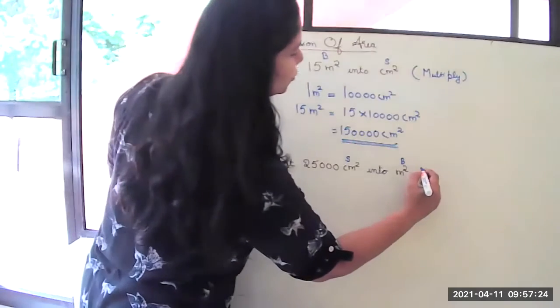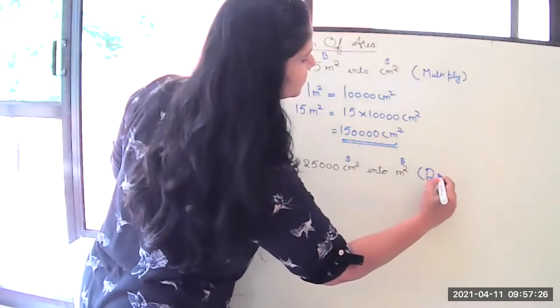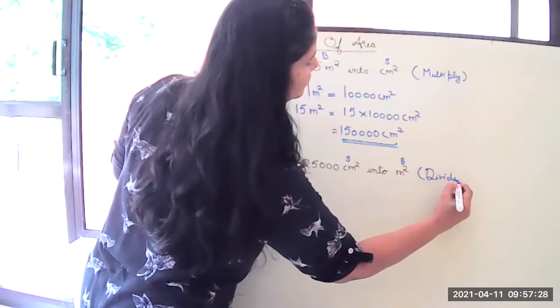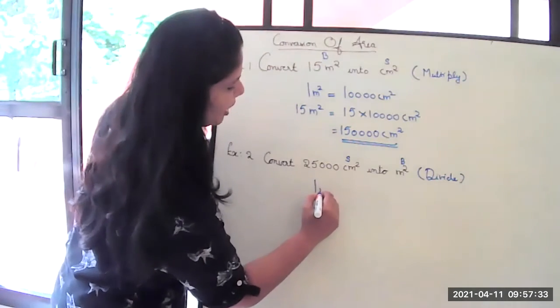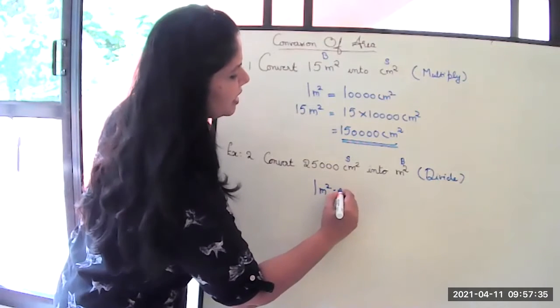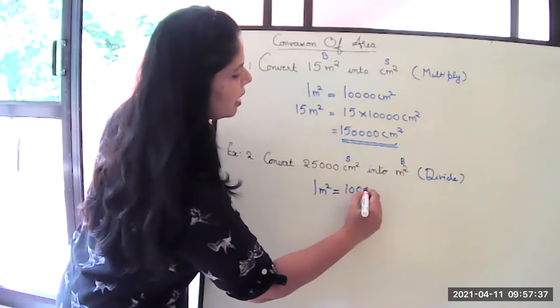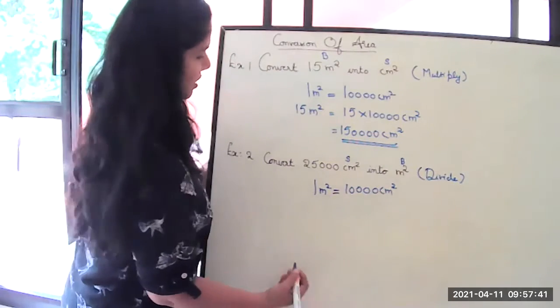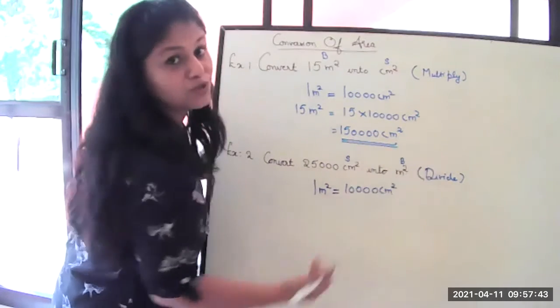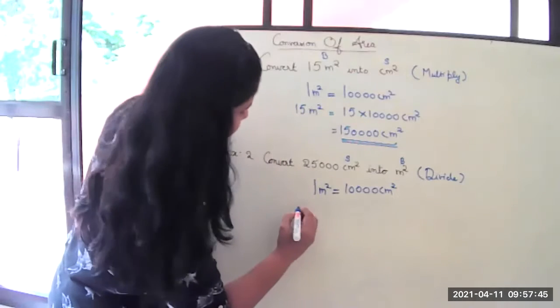So you have to divide. Again, we know that 1 meter square is equal to 10,000 centimeter square. Here, what we have to do? We have to divide.